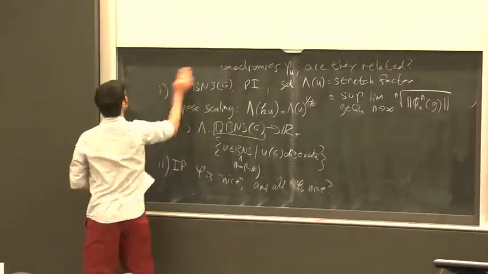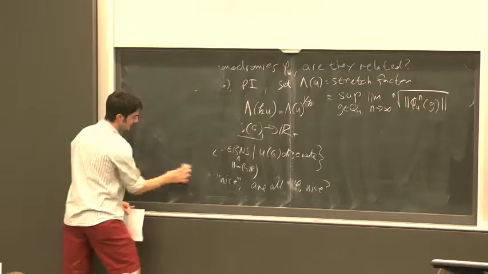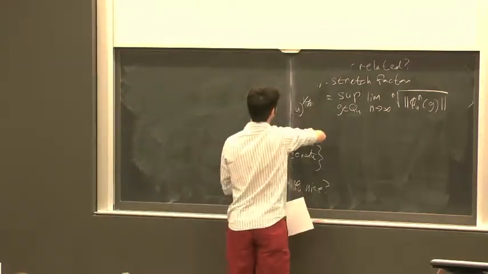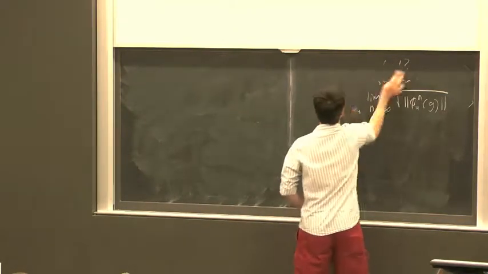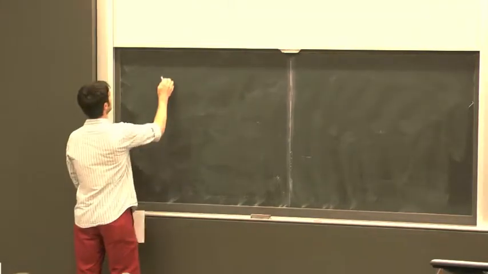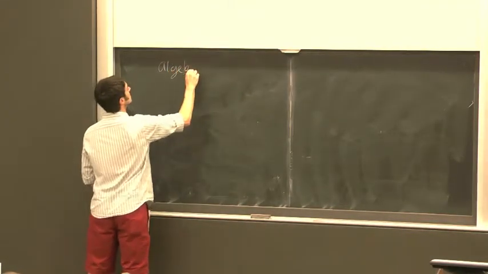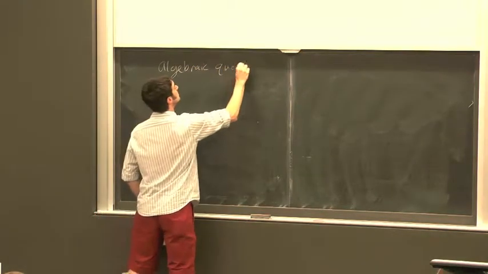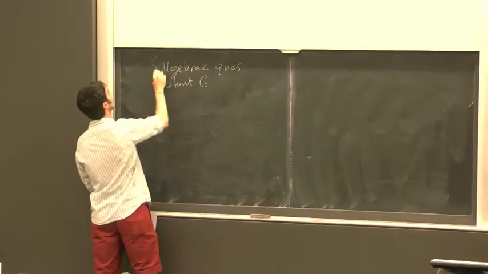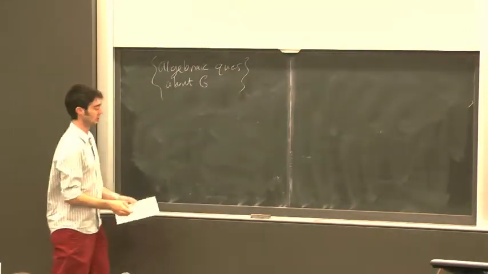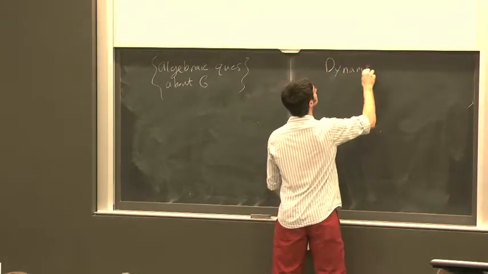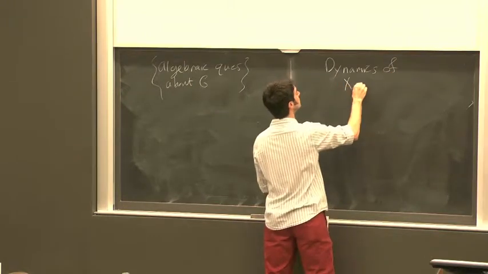And it turns out it has a lot to do with these algebraic questions I was talking about before. So there are algebraic questions about G, the world we were talking about before, but then there's also this picture of the dynamics of this space with its flow.